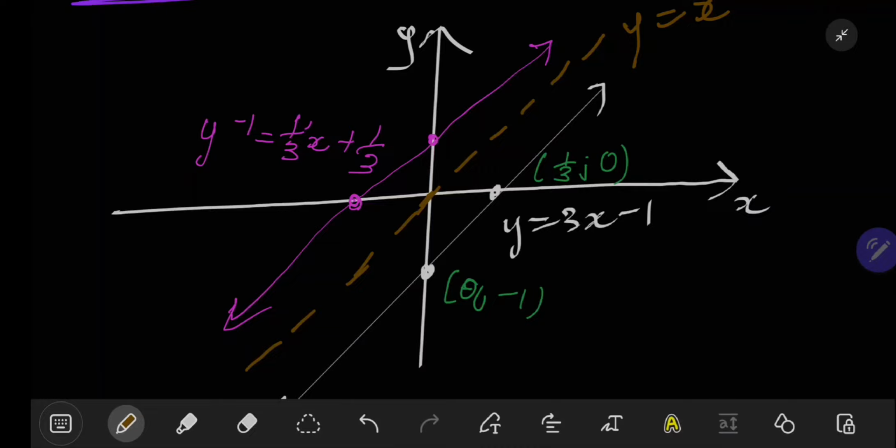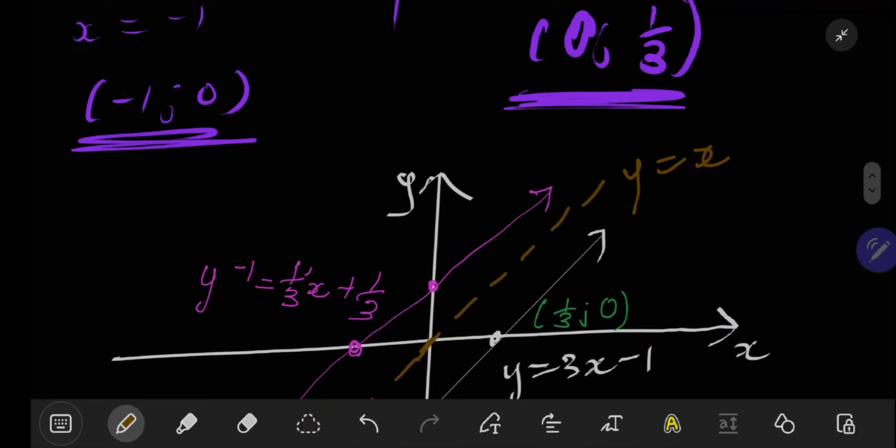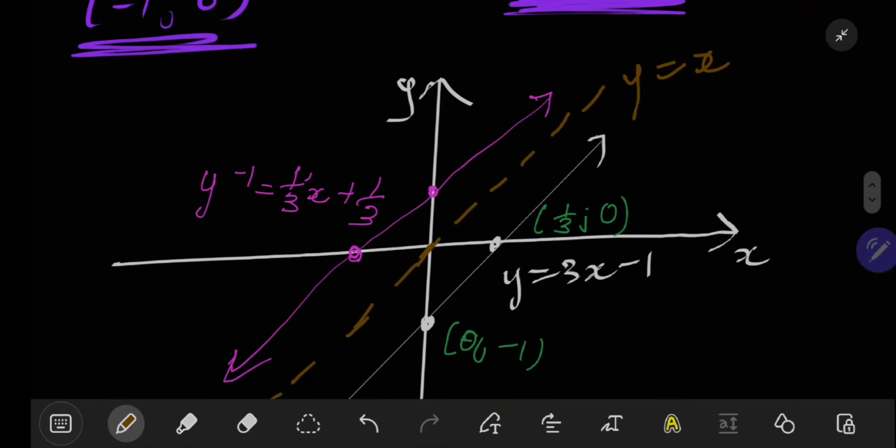When we talk of the inverse, we talk of the reflection of our graph about this line y is equal to x. So I hope it makes sense. Before we move to the inverse of a parabola, we can test whether the inverse is a function or not, because we already know that a straight line graph is a function.